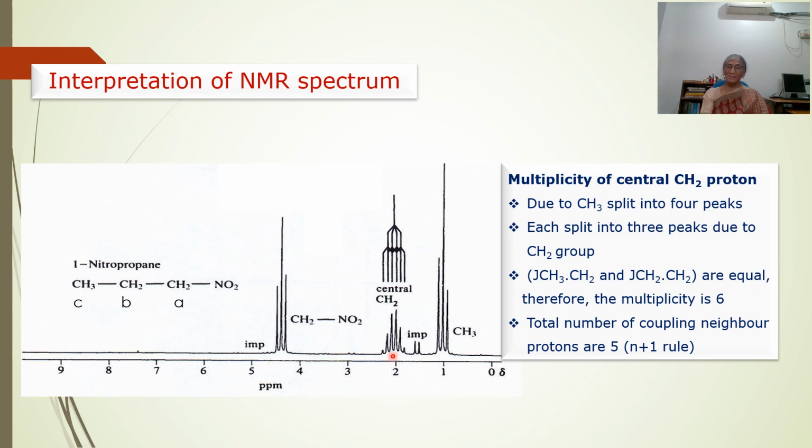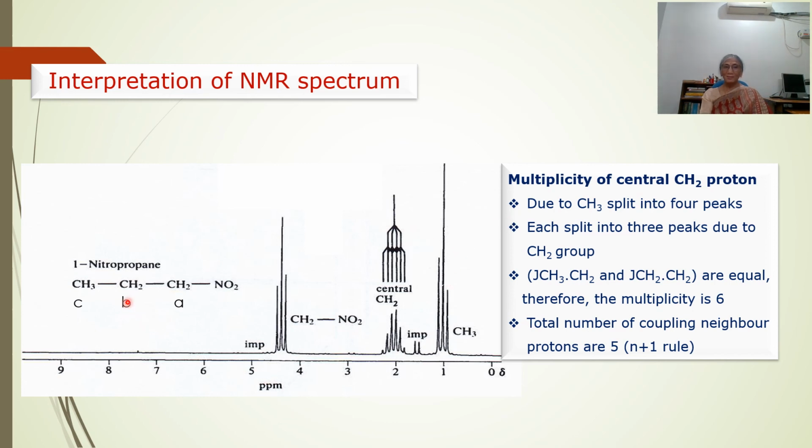So how is the sextet obtained? First, the central methylene protons will couple with the 3 methyl protons. So 4 lines are seen, and the distance between these lines is known as the coupling constant J between CH3 and CH2.